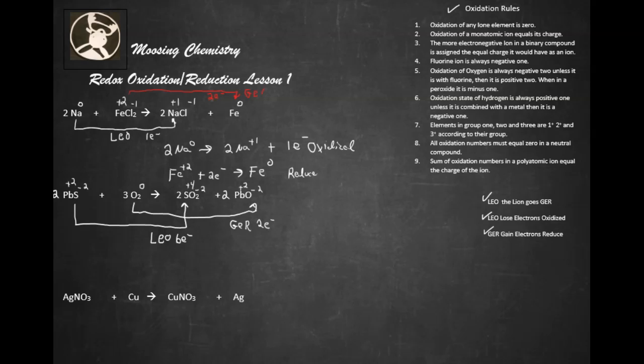All right, so let's go ahead and write this down. So 2S as a -2 yields 2S +4 plus 6 electrons. All right, let's make that 4 a tad bit better. Okay, and so this is going to be oxidized.